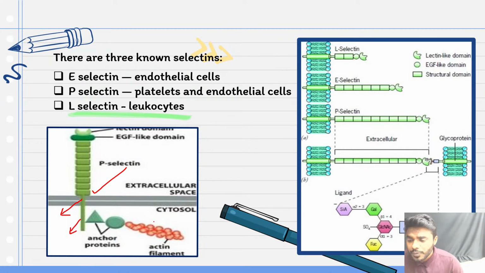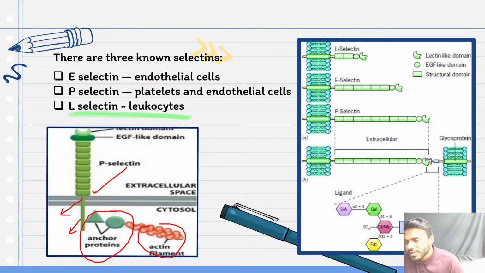What I want you to remember is that this cytosolic domain can be associated with the cytoskeleton in the same way, with the help of anchor proteins. There is no doubt about it. Okay, that is absolutely fine. You understand. What is the major point every student has to remember?